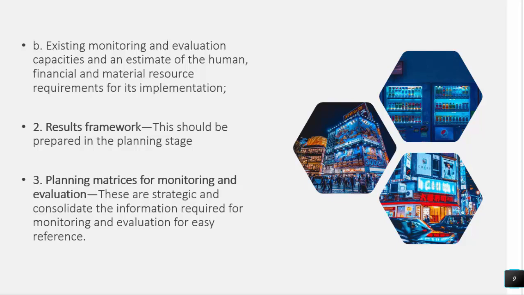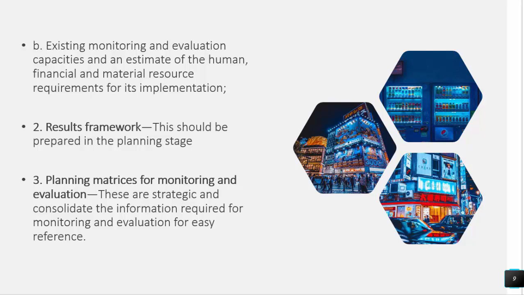So now another part of the framework is the results framework. The results framework, guys, is, as the name suggests, it just simply details to you what kind of results are going to be achieved by the project. So it's really simple, guys.